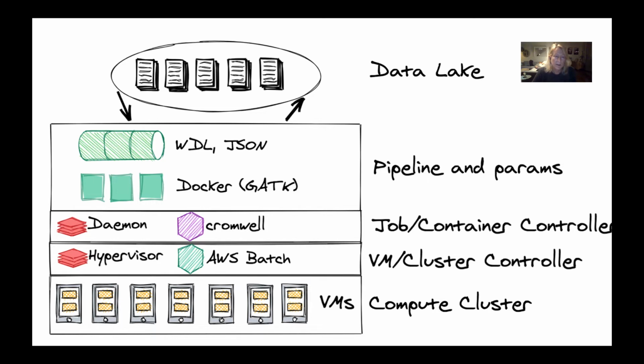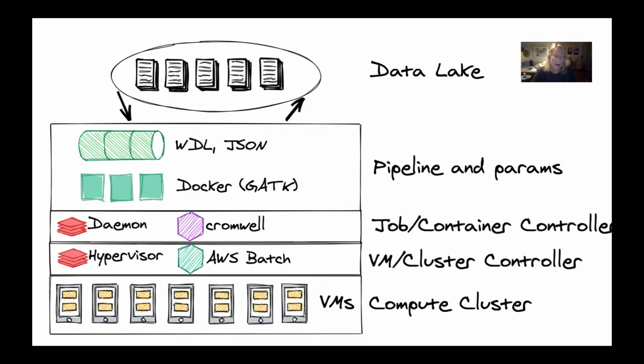Now you can do that manually, but within the cloud services, there are higher-level services. In Amazon, it happens to be something called the Batch service that will orchestrate virtual machines turning on and turning off for you.